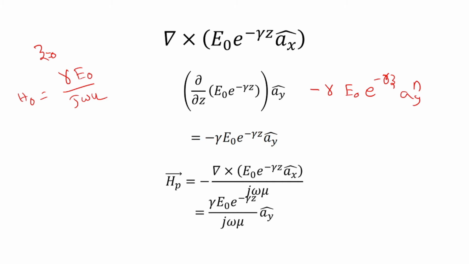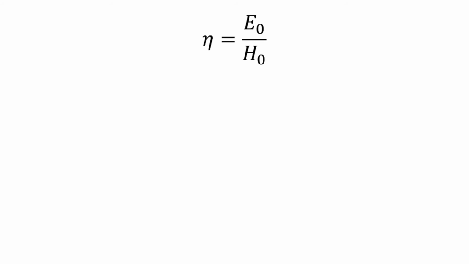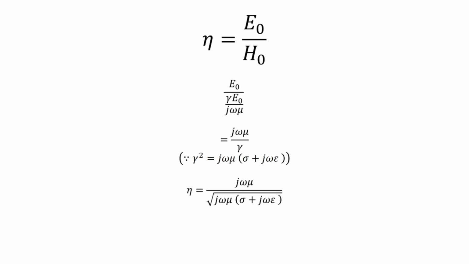If you remember the definition of intrinsic impedance, the intrinsic impedance is equal to E naught by H naught. So this is equal to E naught divided by gamma E naught by j omega mu. So this would be equal to j omega mu by gamma, but we have gamma square equal to j omega mu times sigma plus j omega epsilon. I can write gamma to be root of j omega mu times sigma plus j omega epsilon.